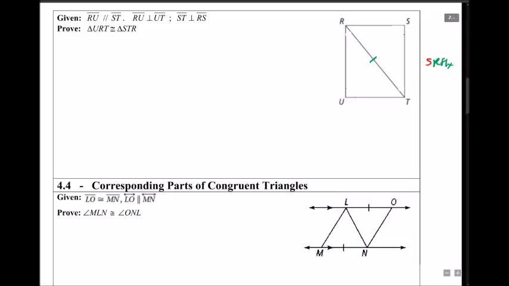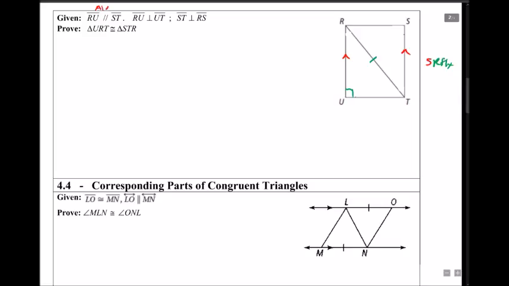Let's look over here. What are we given? That segment RU is parallel to ST. Okay, and segment RU is perpendicular to UT. So let's draw that in. And, well, what's up here at the parallel?